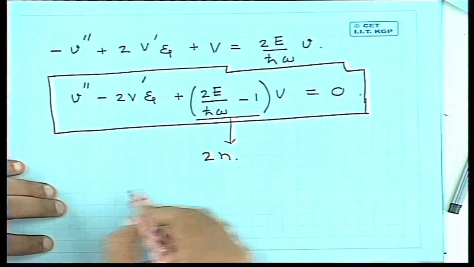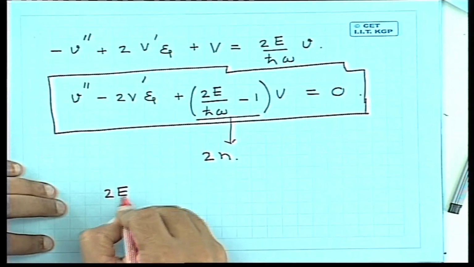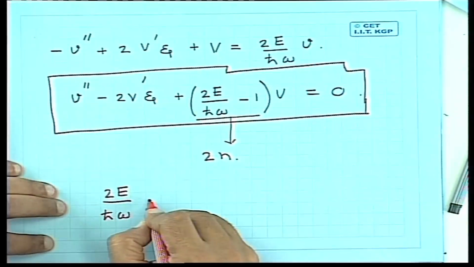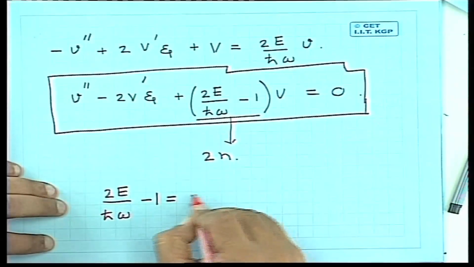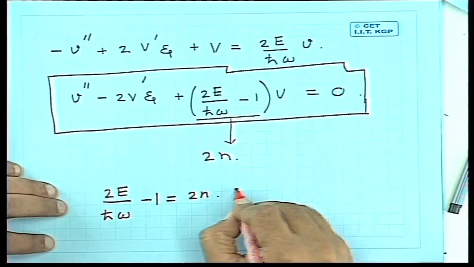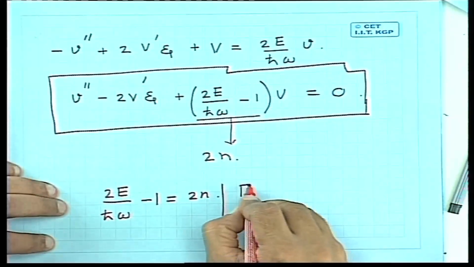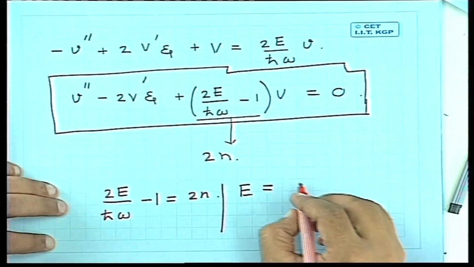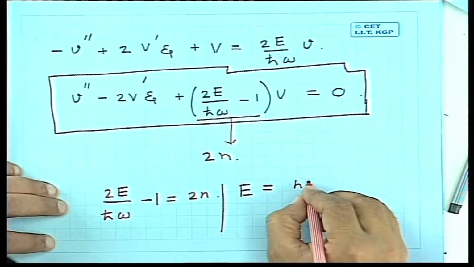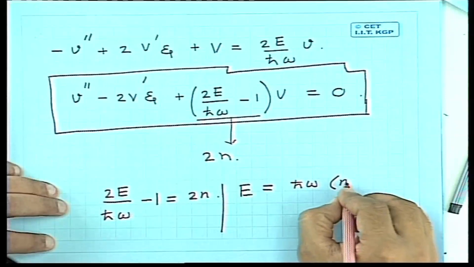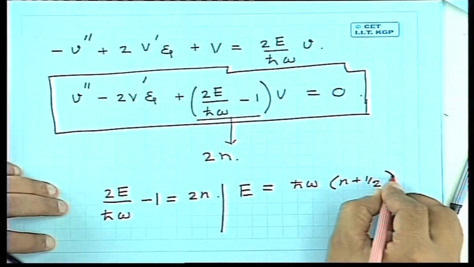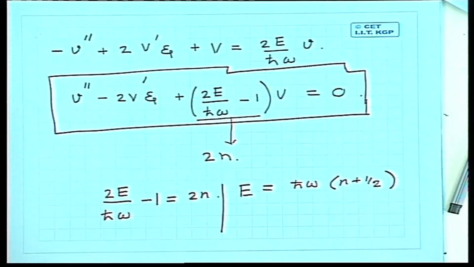So, let me just write down the whole thing here, 2e by h cross omega minus 1 is equal to 2n, or E is equal to h cross omega into n plus half, where as of now we have no constraint on n, it could be any number from minus infinity to infinity. Let us see if finally we end up with some constraint on n.